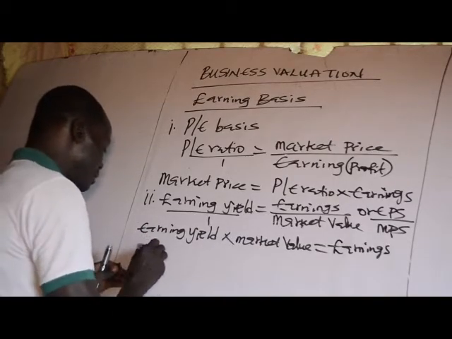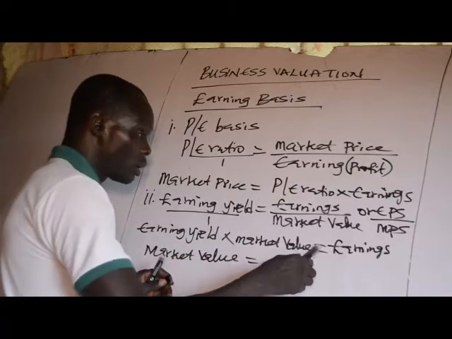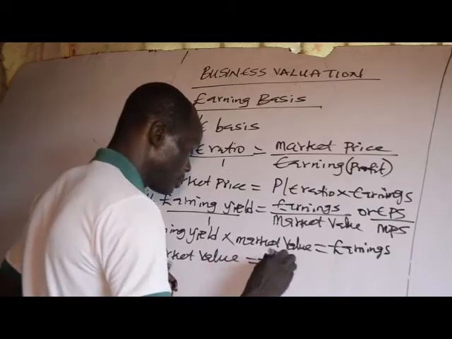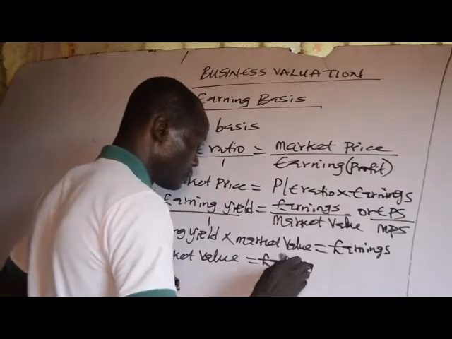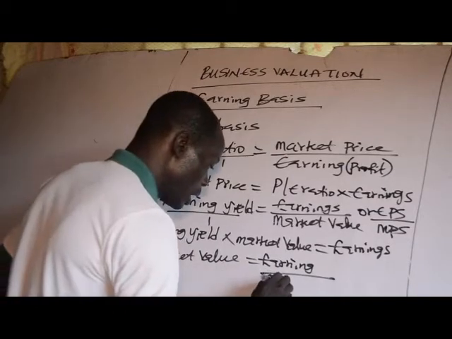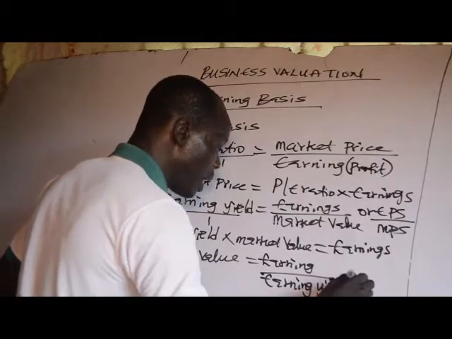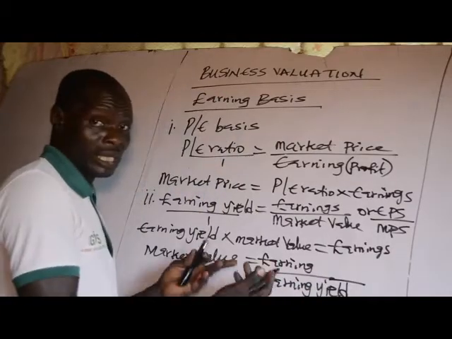Therefore, market value will be equal to total earnings over earning yield. This formula will be used where there is no growth in earning.